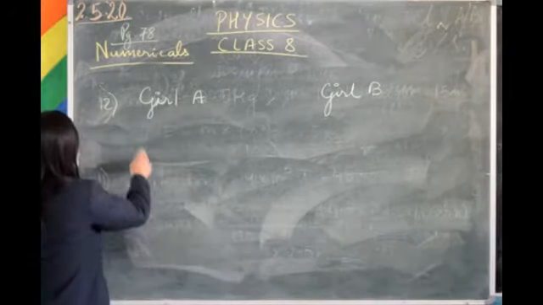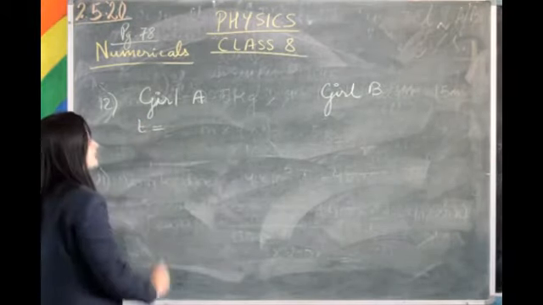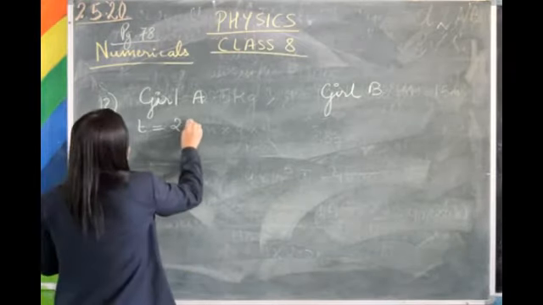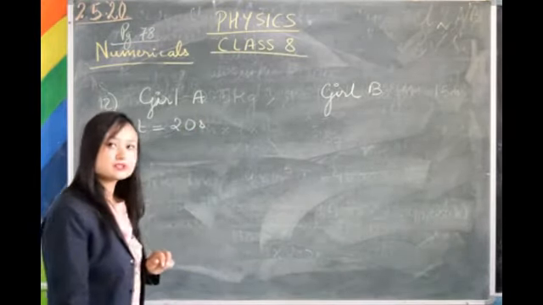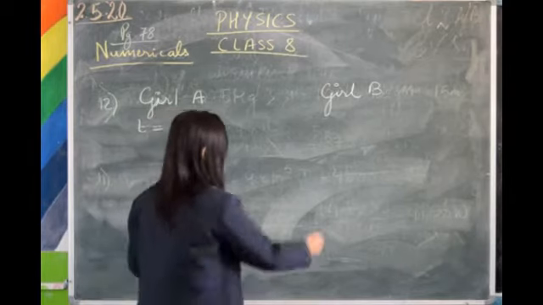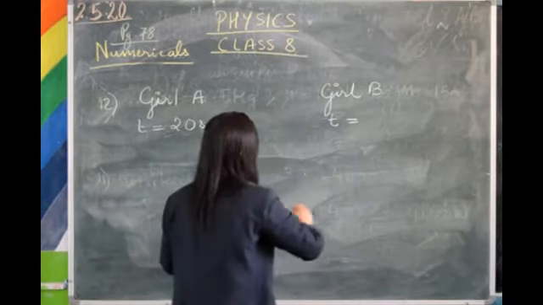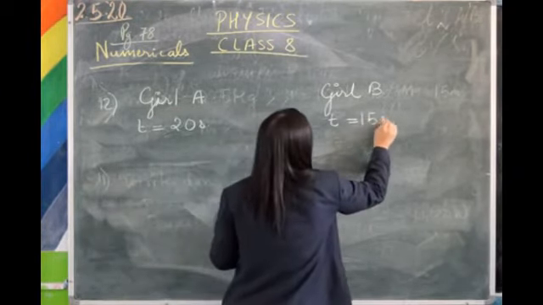So how much time does girl A take? 20 seconds. And how much time does girl B take to climb? She takes 15 seconds.